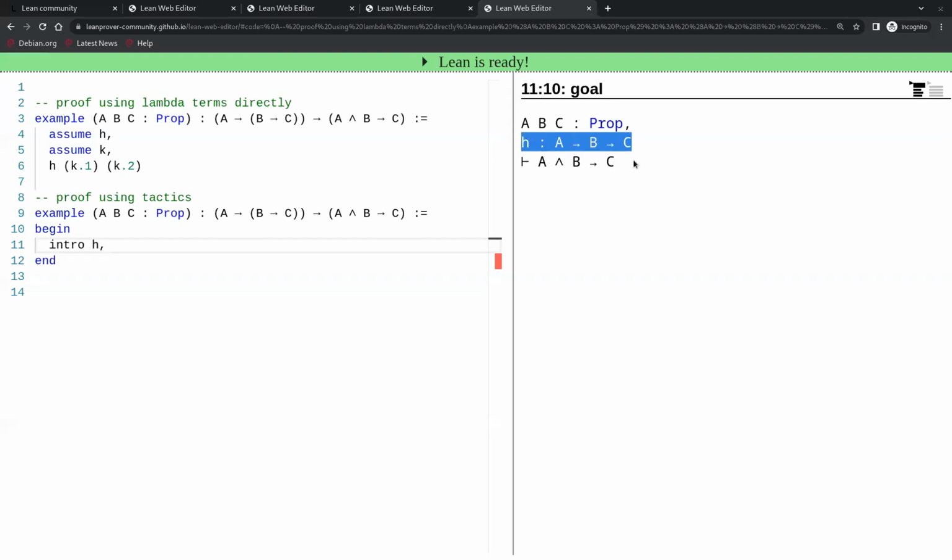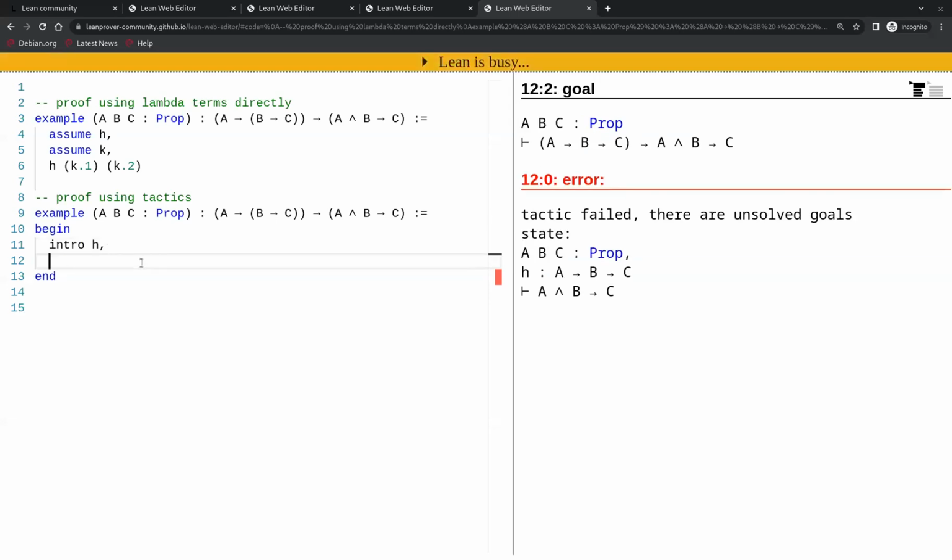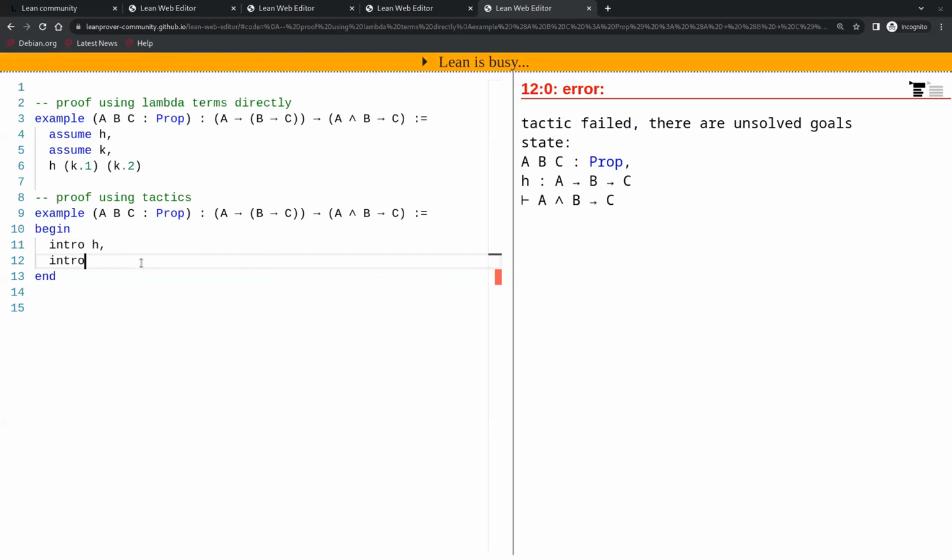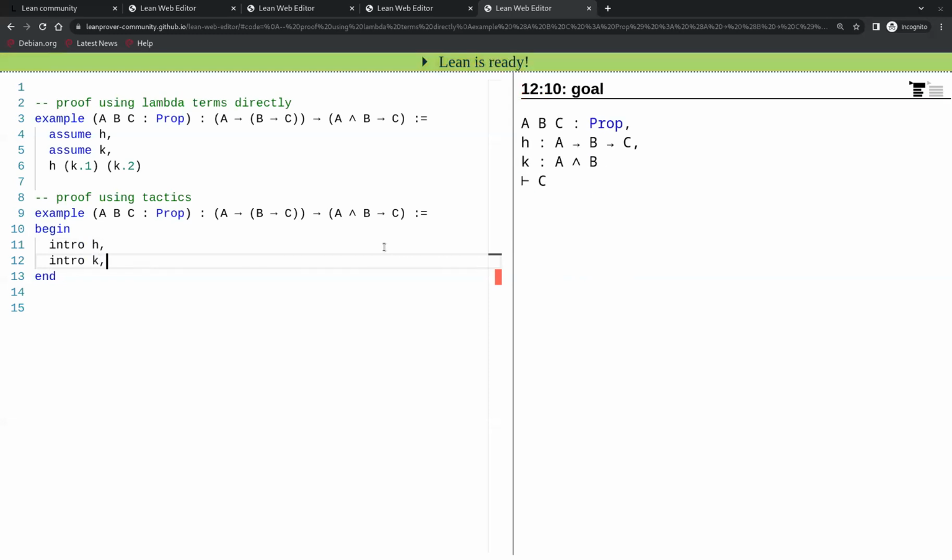Intro gives us this hypothesis in the context, and it remains to prove this implication. A and B implies C. So again, we have an implication in the goal. We use the introduction tactic to put the antecedent of the implication into the context.